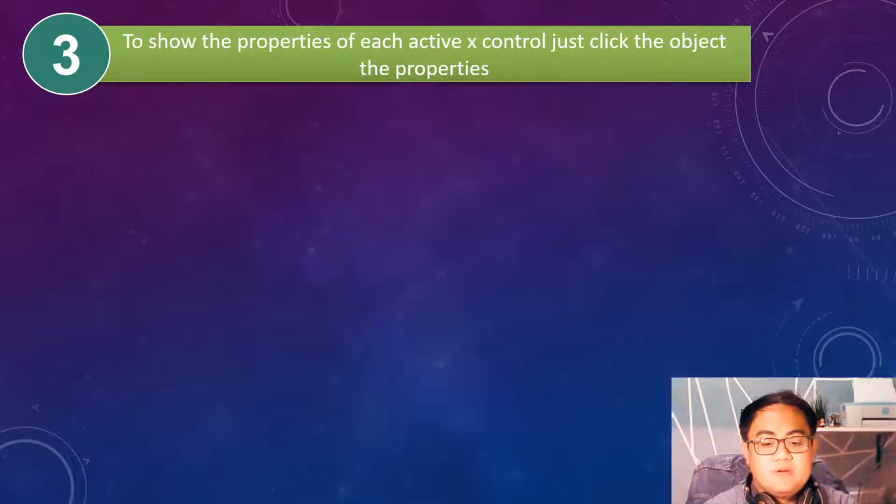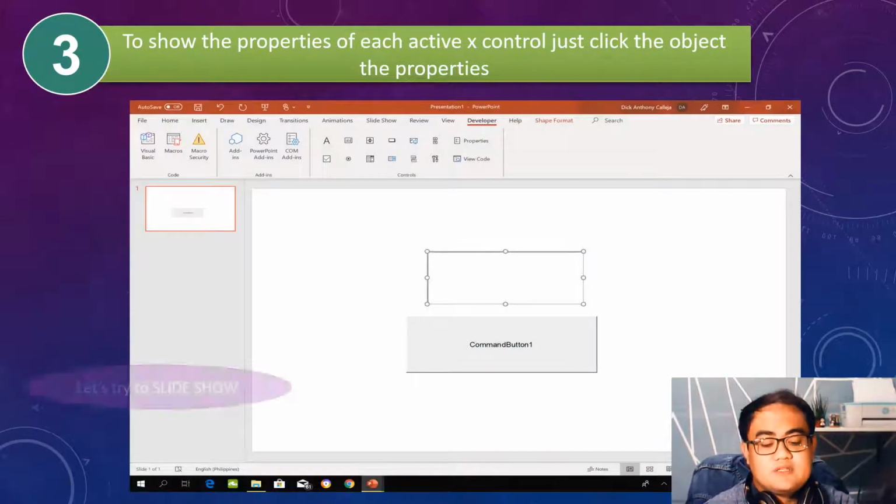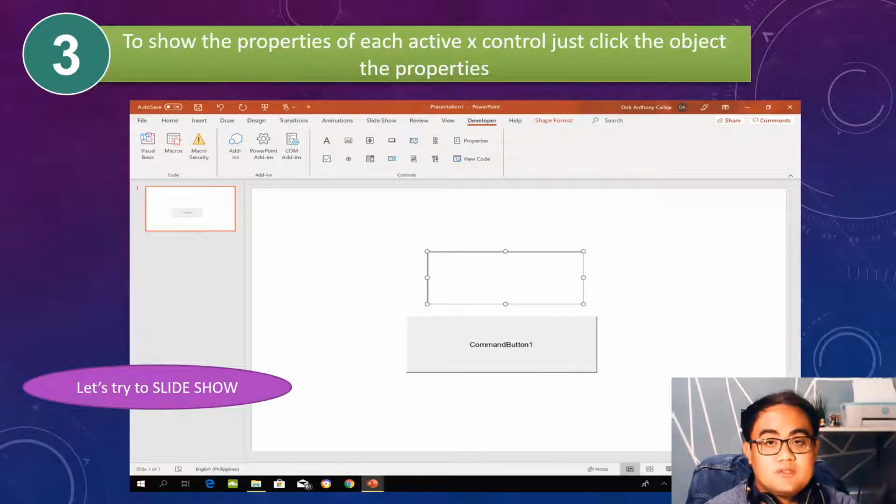To show the properties of each ActiveX control, just click the object and then properties. That's it. Let's try the slideshow. After navigating how you will see the properties, let's try now to slideshow. There are many ways to slideshow.